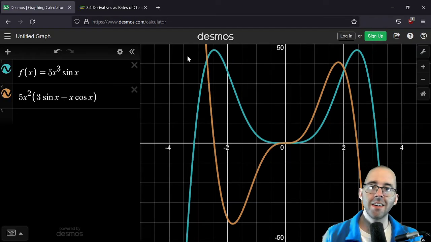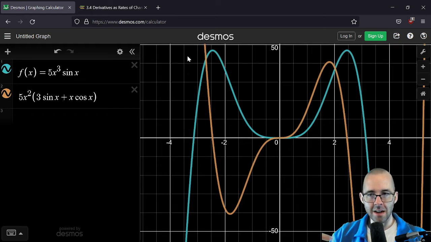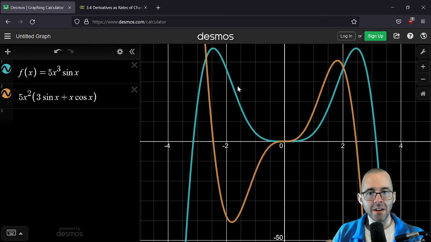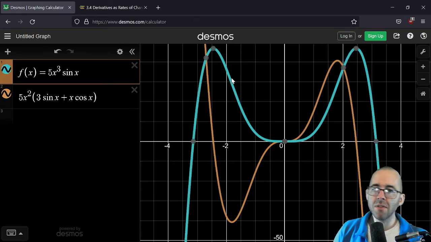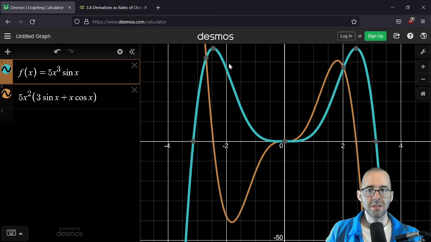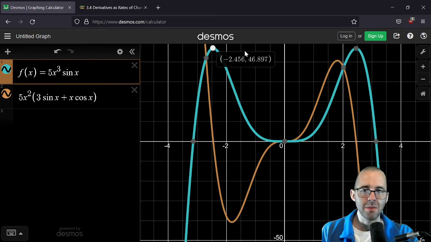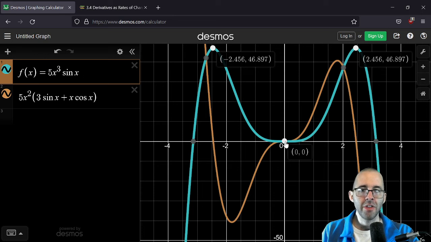Now, before you protest too much, let's connect the concepts from earlier. The blue is the graph and the orange should be the derivative. So whenever you're trying to think about function versus derivative, think about the easy points. When a function is at a maximum or a minimum, a local extrema, we haven't officially talked about this, but this is where the function has a horizontal tangent line. Here, here, and here, the blue graph has a horizontal tangent line.